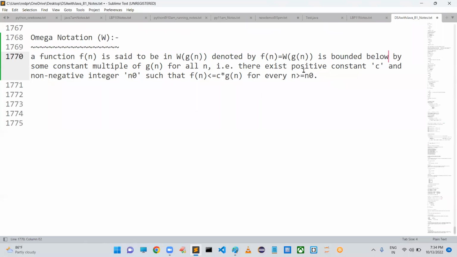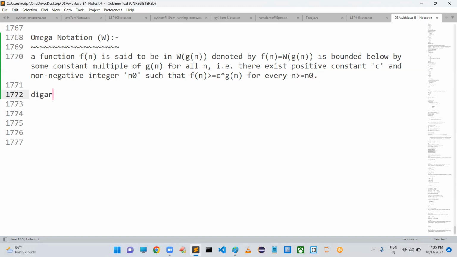That is, if there exist a positive constant c and some non-negative integer n naught such that f of n is greater than or equal to c times g of n for all n greater than or equal to n naught.